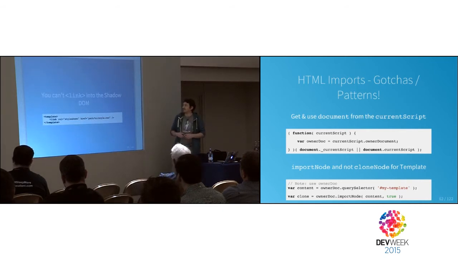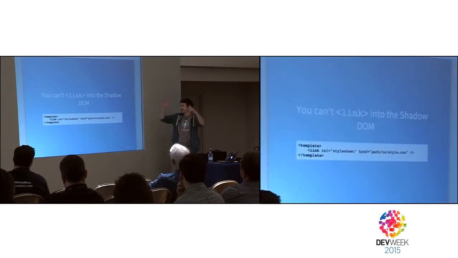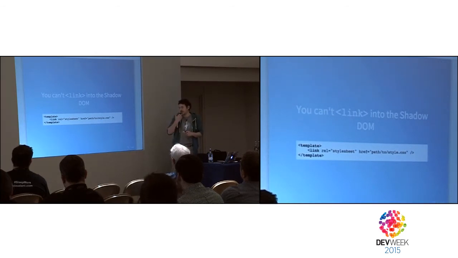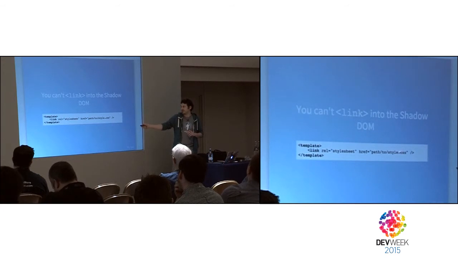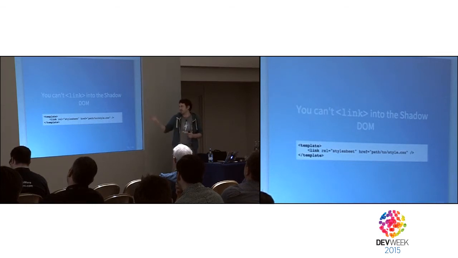The other thing I found out this morning was that I really like the idea of building a nice little component in isolation and bringing in all the things I wanted for that component. So I wanted to bring in a style sheet that I defined elsewhere and use it within my template within the shadow root. When you do this and add it to the shadow root, you'll get a warning which says you can't use link within the shadow root. You can't bring in additional content, which is a complete pain.